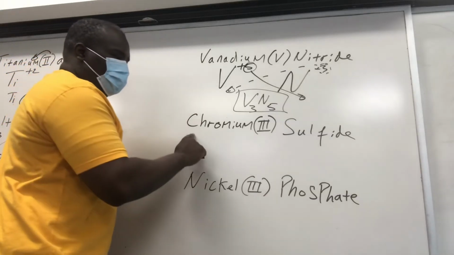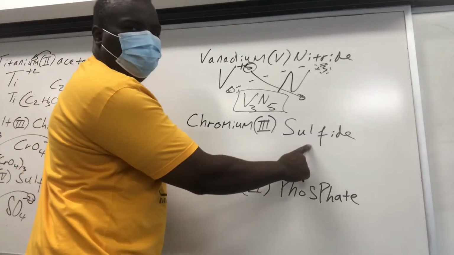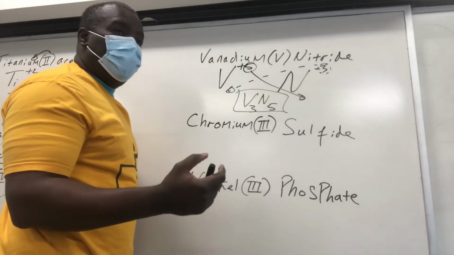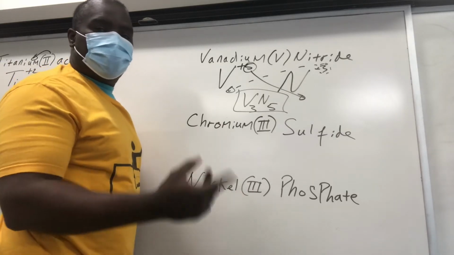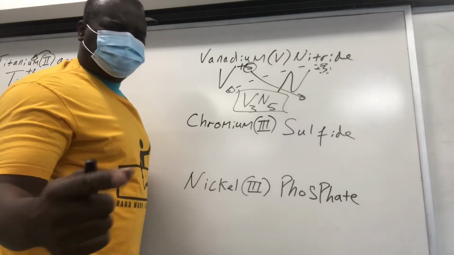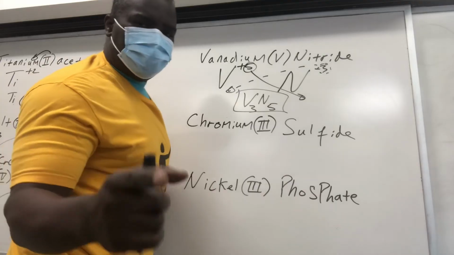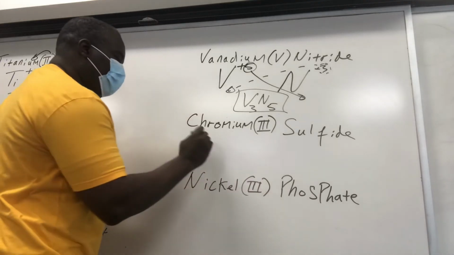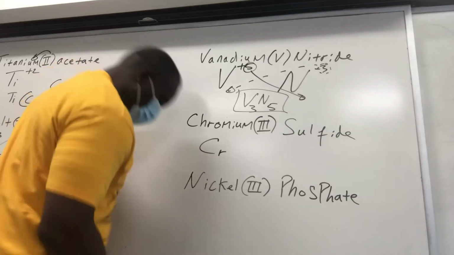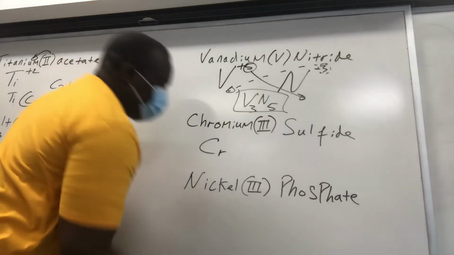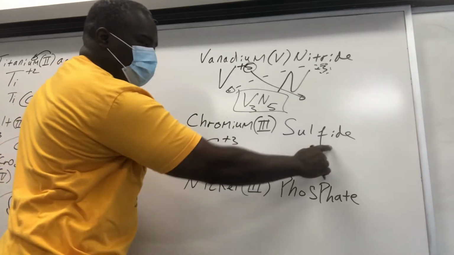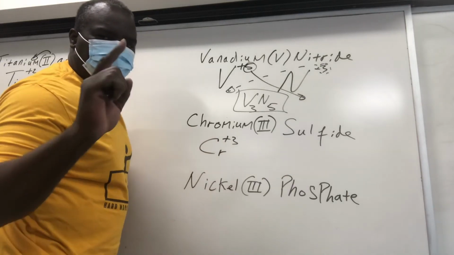Next one. Chromium 3 sulfide, right? Chromium, once again, if you're not familiar with the names of the element symbols, don't panic. Find the atomic number from the periodic table. Go to table S. You'll find the names there. You're good to go. All right. So chromium is Cr. 3, Roman numeral, translates to +3. Bam. Okay. Sulfide, monatomic negative ion, sulfur. All right.